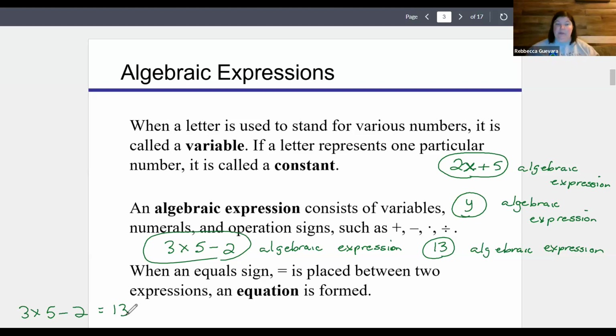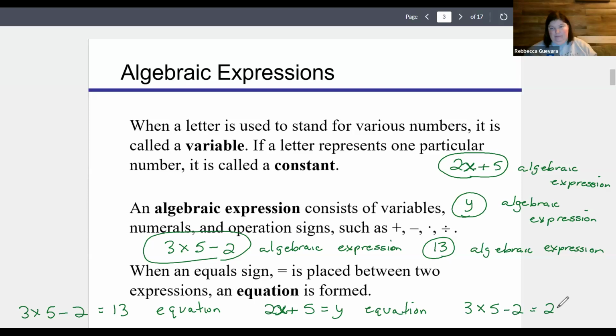If I put an equal sign between them, now it's an equation. 2x plus 5 equals y is also an equation. So all an equation is, is you just take two expressions. It doesn't matter which two expressions I put together, we make an equation out of it. Whether it's equal or not, that's a whole other thing.